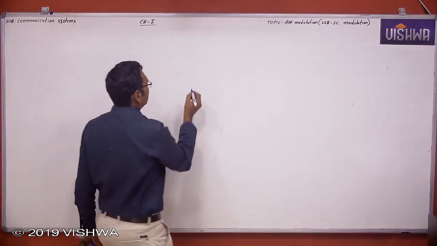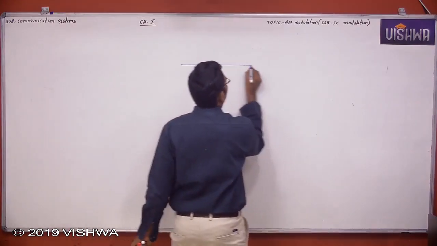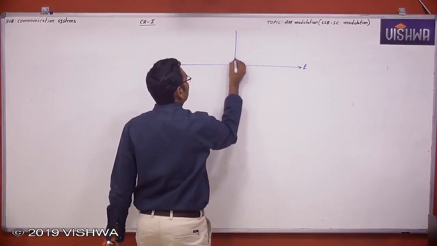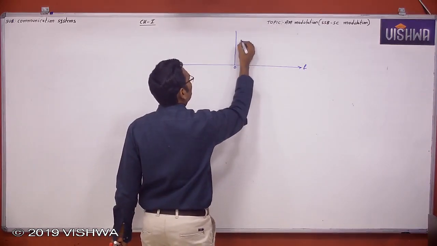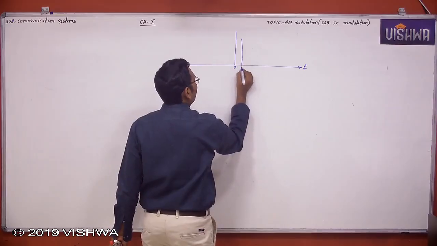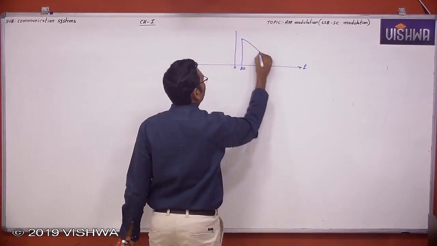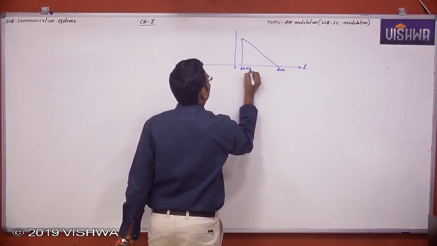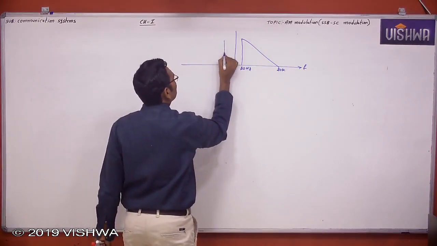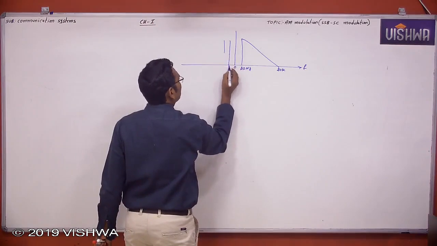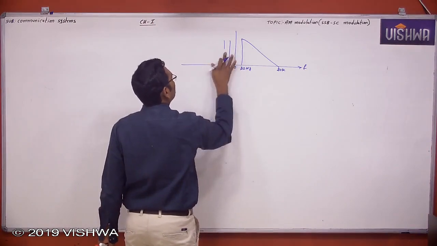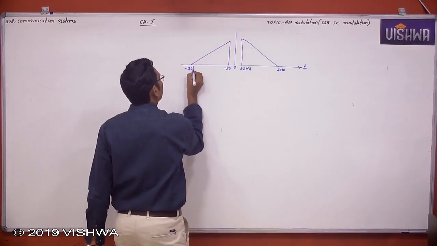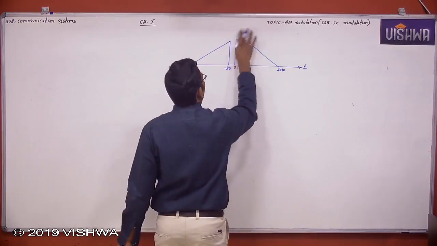Now this is the spectrum of audio signal. Okay. Small concept. This is 20 hertz to 20 kilohertz. Now this is between the upper sideband and lower sideband. Now what is this spectral gap?